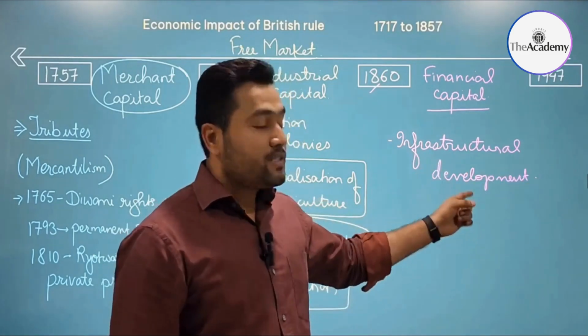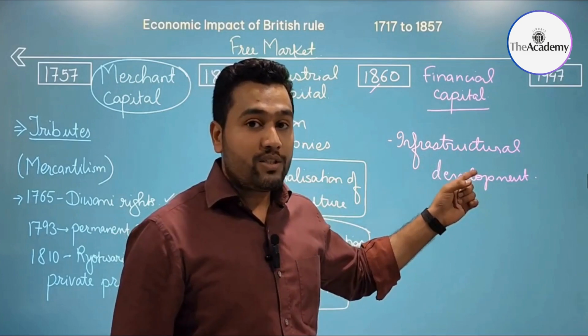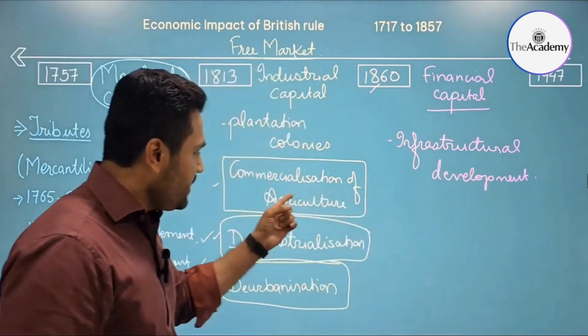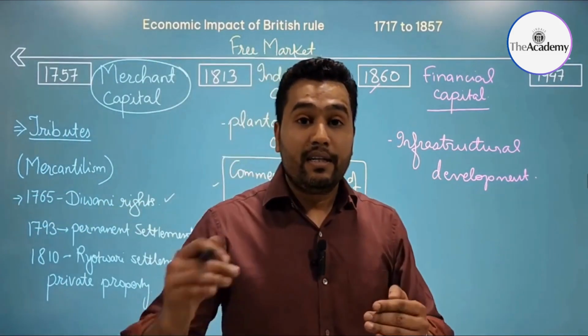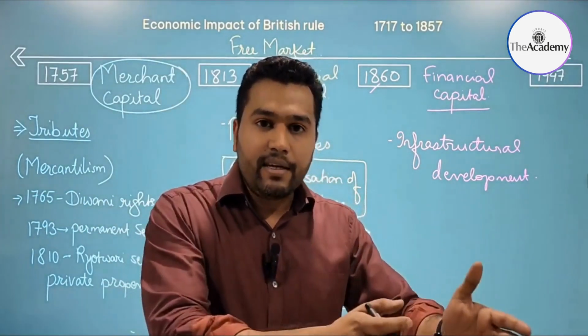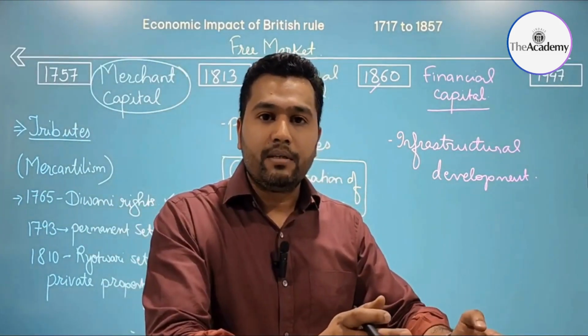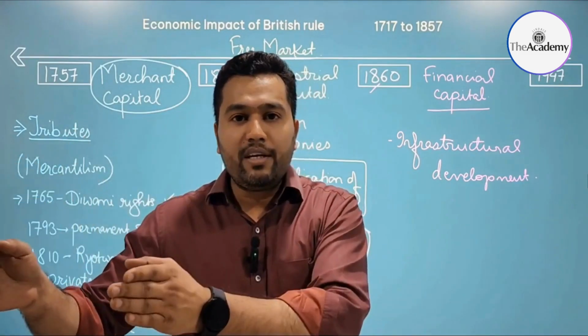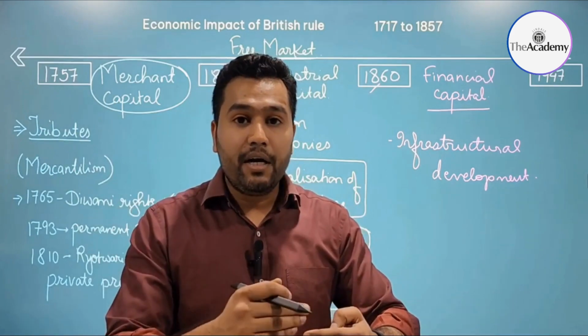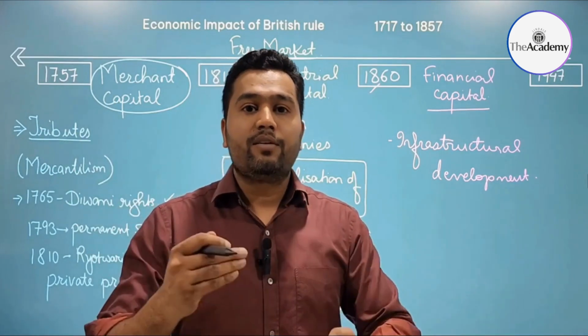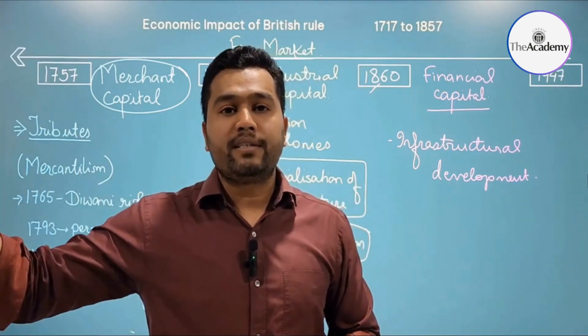No. The infrastructural development was done to realize a greater commercialization, greater deindustrialization, greater deurbanization. That is, to ensure a further integration of the Indian economy, subservient to the English economy and integrated to the global economy, so that India could serve the needs of the metropole, that is the English economy.